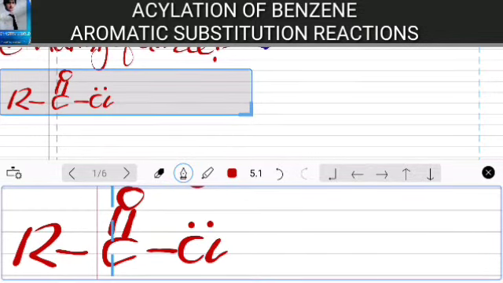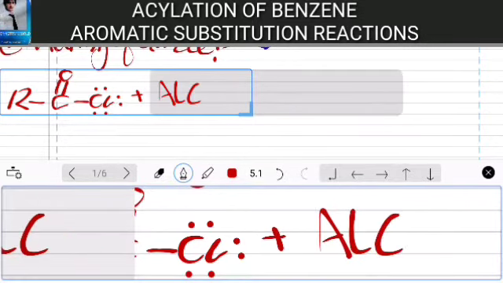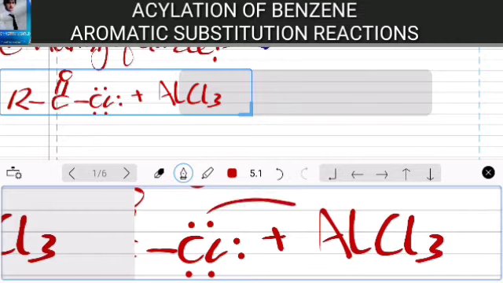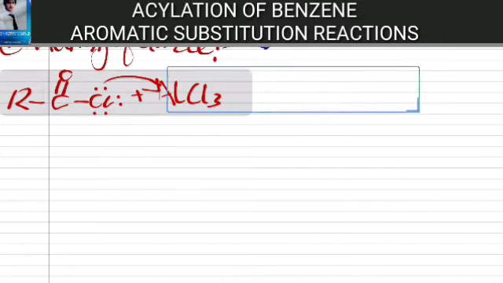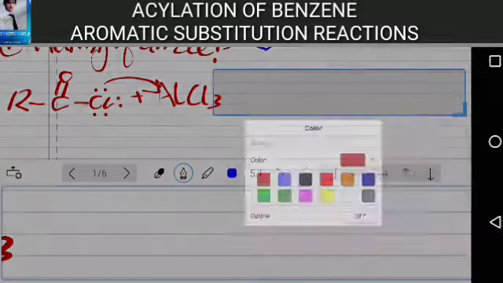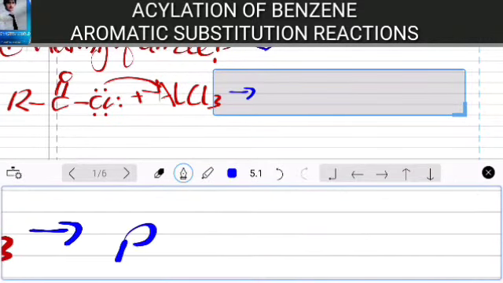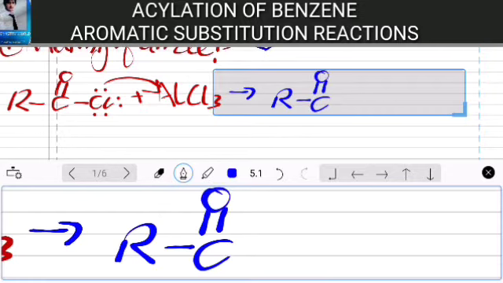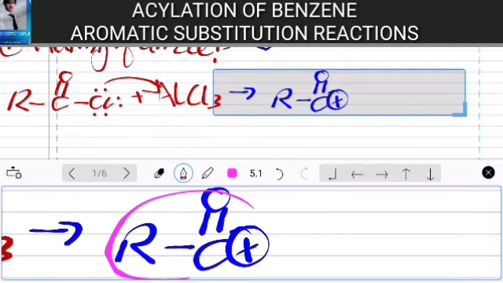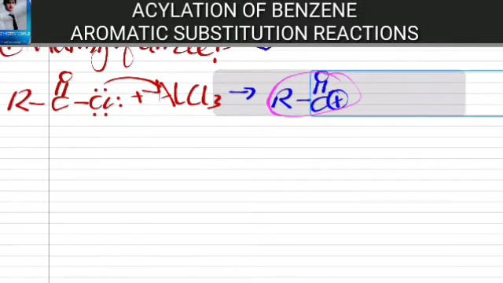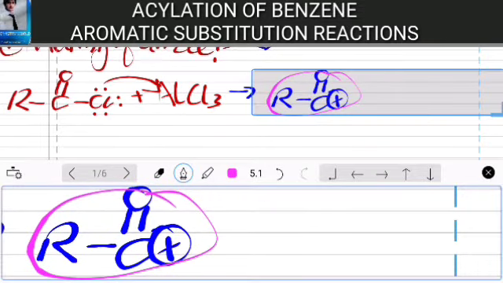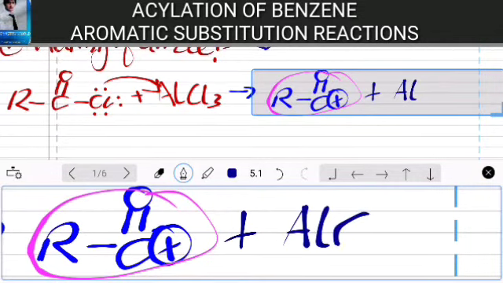We know that Cl has 3 lone pairs. This Cl attacks on the Al of our catalyst and it will become R C double bond O, where the positive sign originates and it is our electrophile. Electrophile means an electron loving, electron poor species, plus AlCl4 minus as a base.